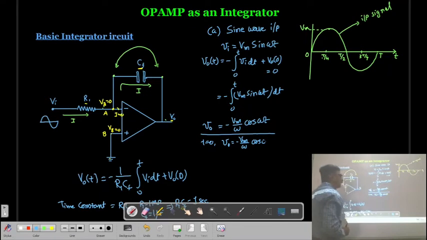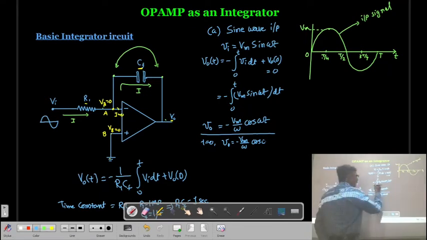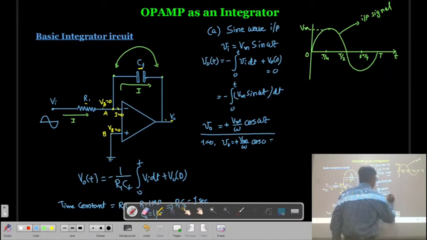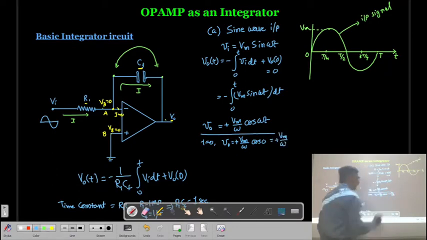Sorry, here if you take the integration of sine omega t, it is going to be minus cos omega t, and minus this is going to be a plus. So here we have plus and the cos 0. Cos 0 already you know it is 1, and therefore the output voltage is plus Vm by omega at the time t is equal to 0, remember.